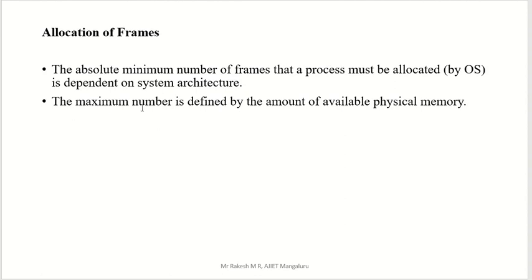The maximum number is defined by the amount of available physical memory. We have to see what the size of the physical memory or main memory is, and how many frames are there in it. Depending on the number of frames present in main memory, we can give frames to the process.